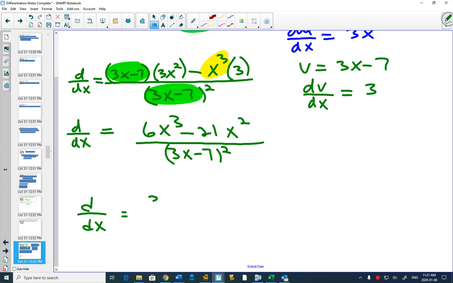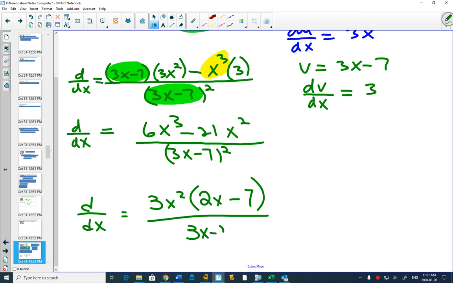Yes, I could take out a 3 and an x squared. That would leave me with 2x minus 7, which would be good to check because it might simplify with what's on the bottom, but it doesn't. So this would be a very typical way that a final answer would show up in an answer key. Okay?